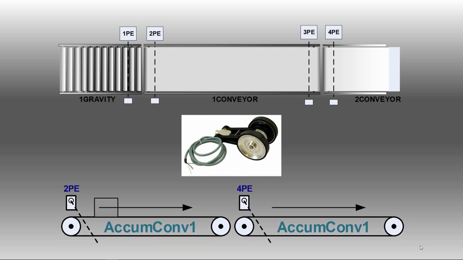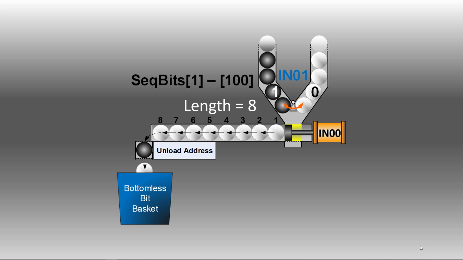So if we consider these two conveyors, we can basically accumulate cartons on here, and using a shift register, we could determine where the cartons are at on the conveyor based on the bit pattern. So if I go back to my register here, and I've only got 8 bits shown here, and if that pulse generator puts out 100 pulses per 12 inches, and the conveyor is 8 foot long, that's 96 inches for that conveyor.